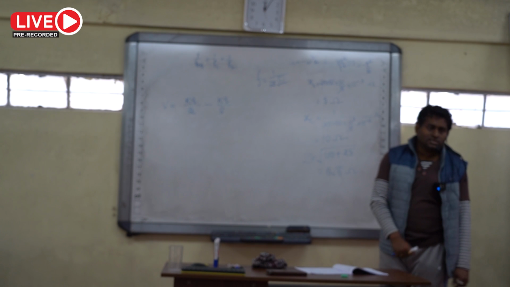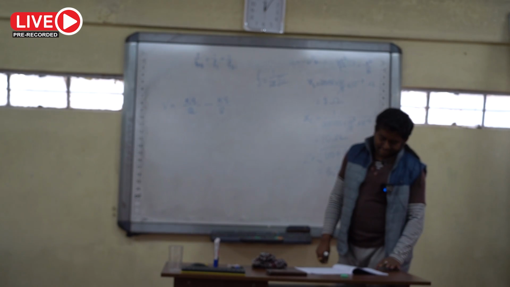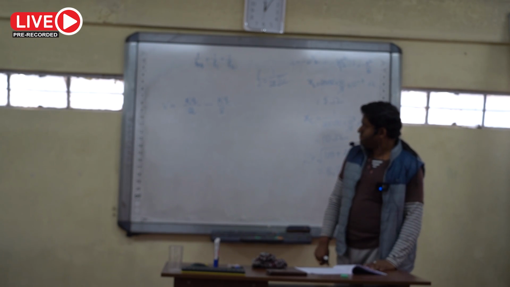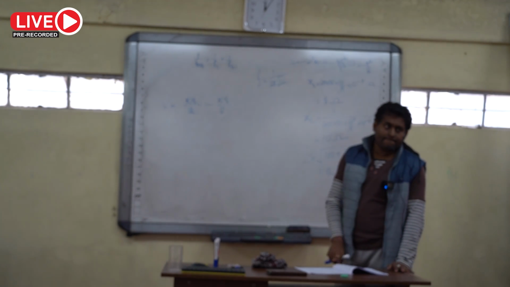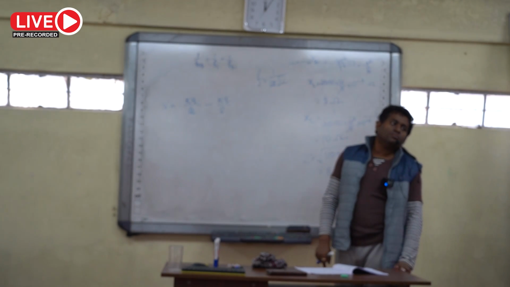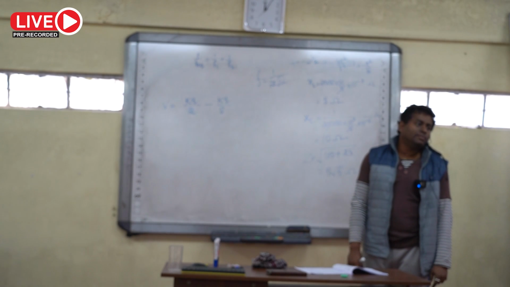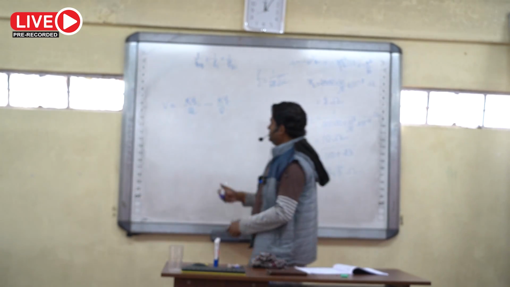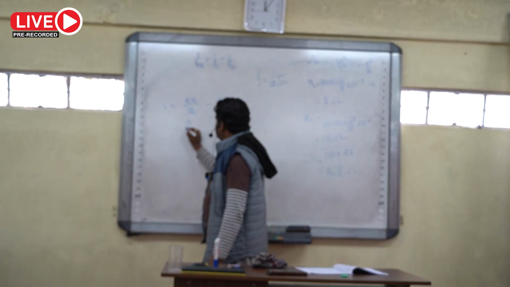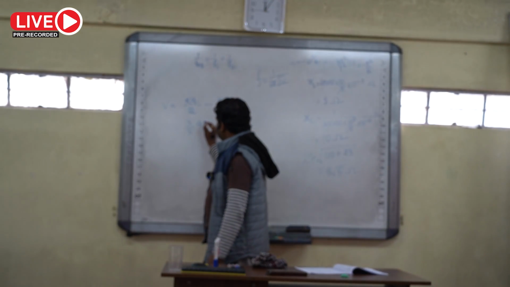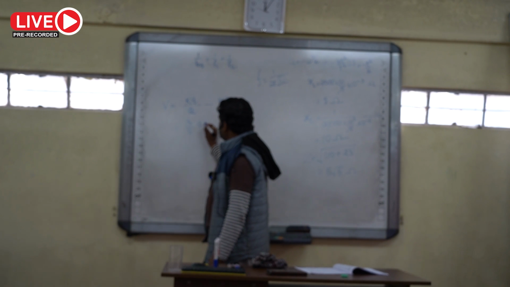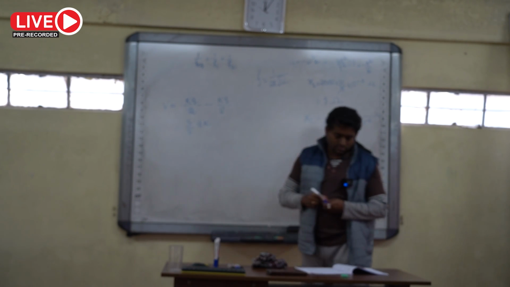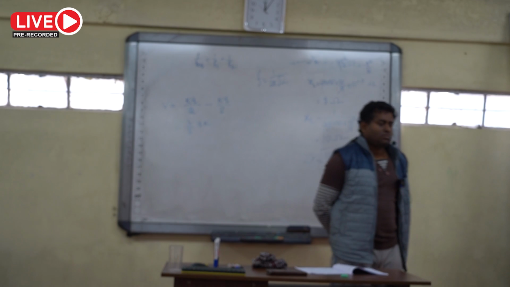So just calculate. So 1 by 2 minus 1 by 8. So it will be 3 by 8, 3 by 8 qk. Option 1.